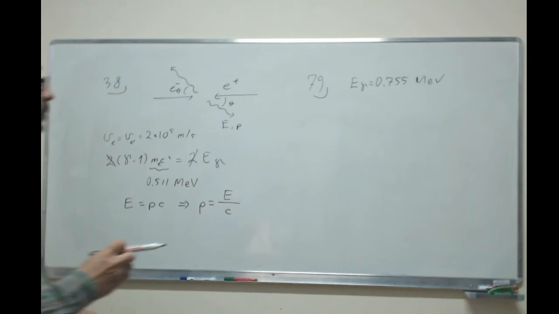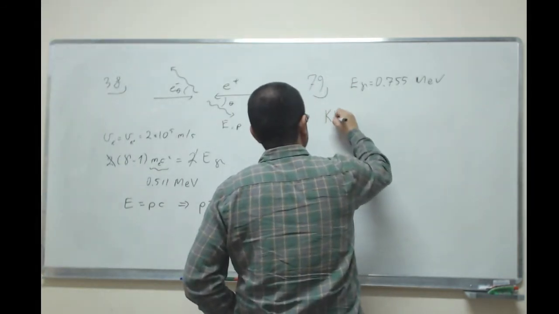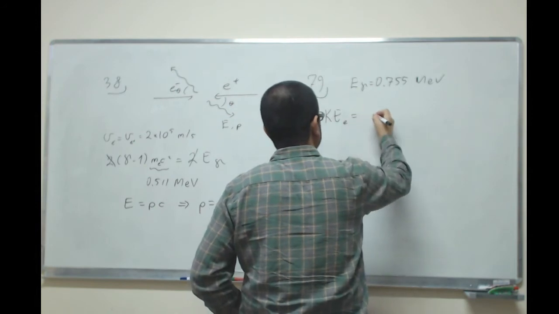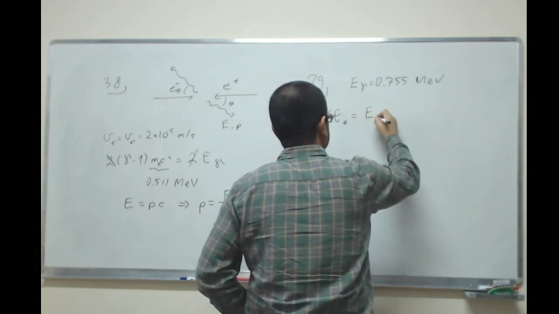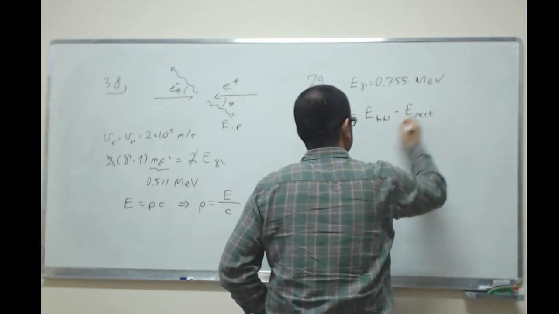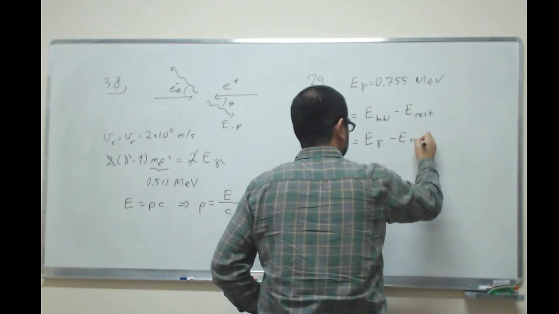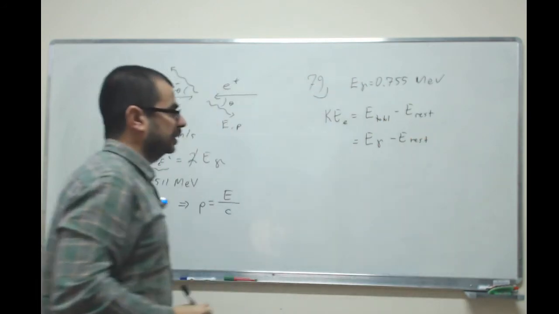So the kinetic energy of the electron is going to be E total minus E rest. This E total is simply the energy of the photon.